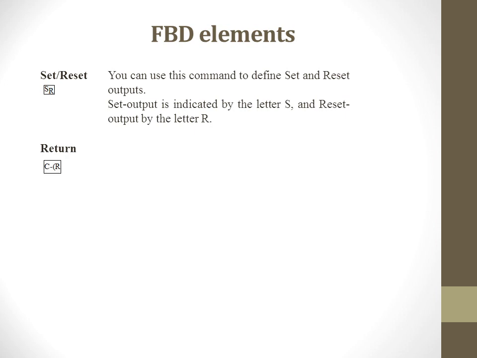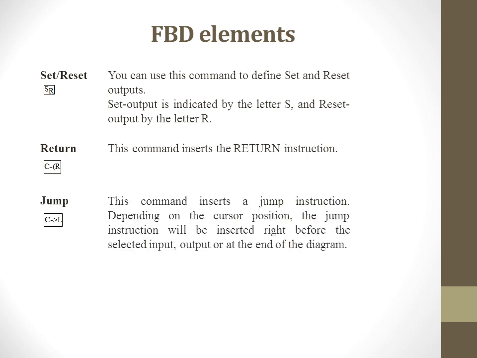Return. This command inserts the return instruction. Jump. This command inserts a jump instruction. Depending on the cursor position, the jump instruction will be inserted right before the selected input or output, or at the end of the diagram.